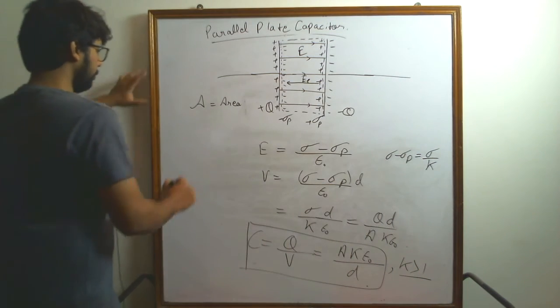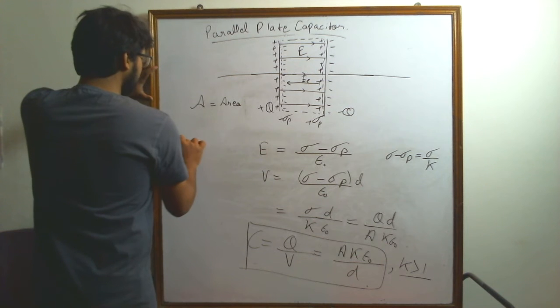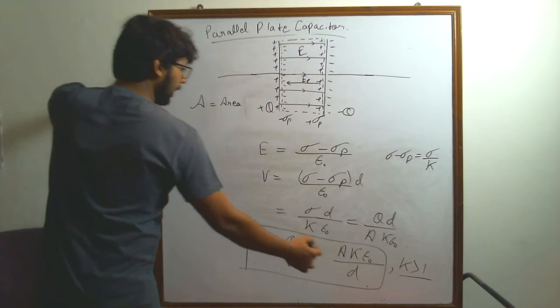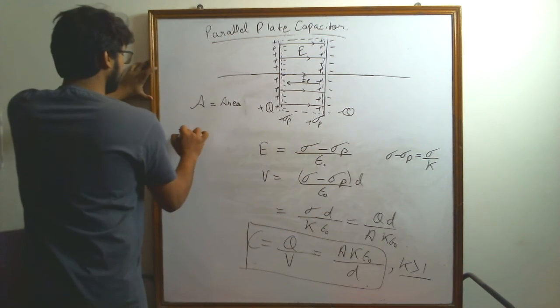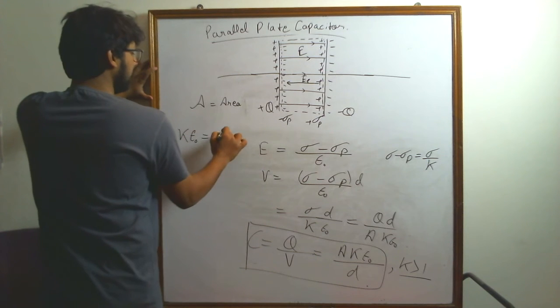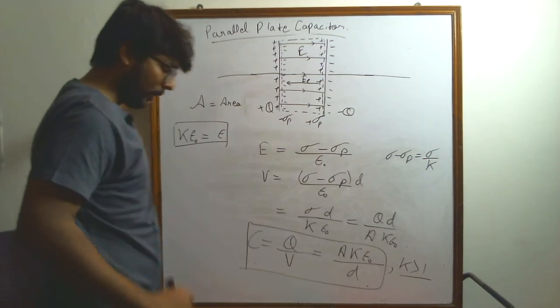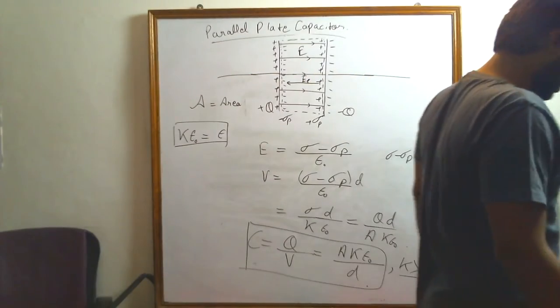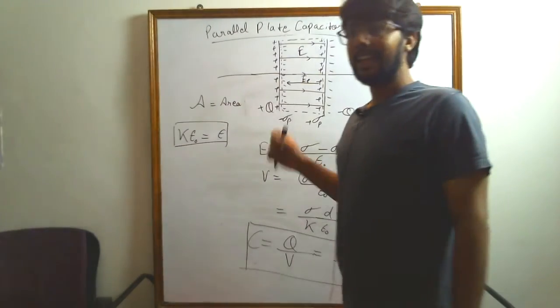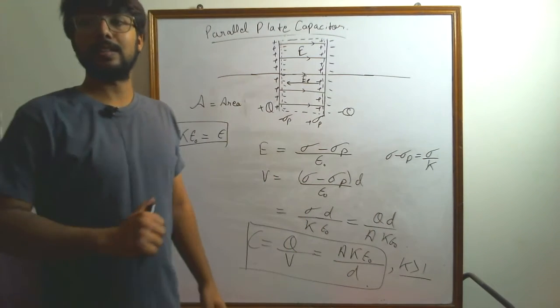Okay, so I can replace K into epsilon naught. K into epsilon naught can be written as epsilon, which is called the permittivity of the material that we are working with, and it's an important understanding.